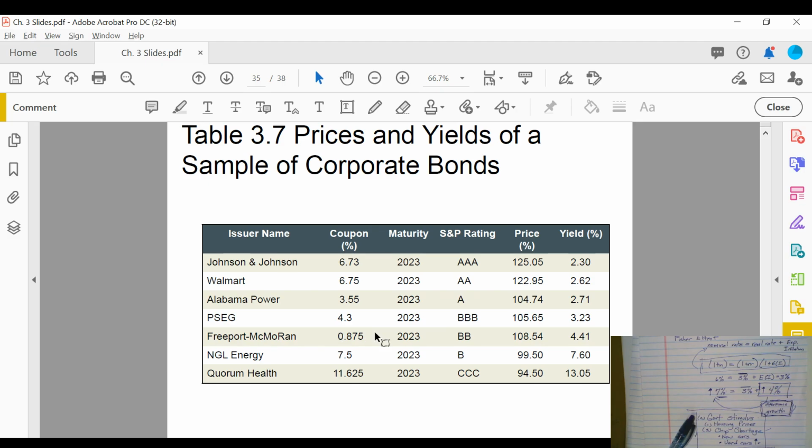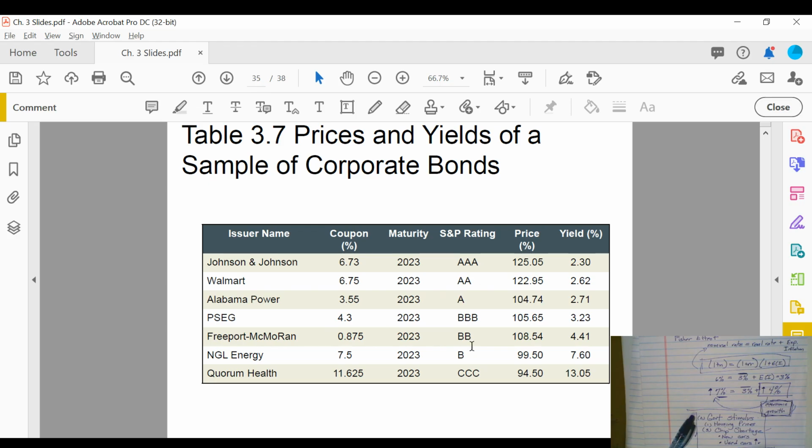How is that possible? Well, what you don't know is when this J&J bond was actually issued. Since it was 6.3%, this bond is probably really old. This is probably a 20-year bond that was issued right after 2000, something like that. Whereas this is almost assuredly a new bond.